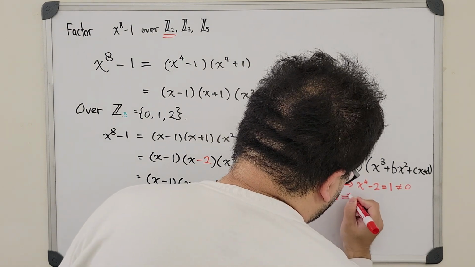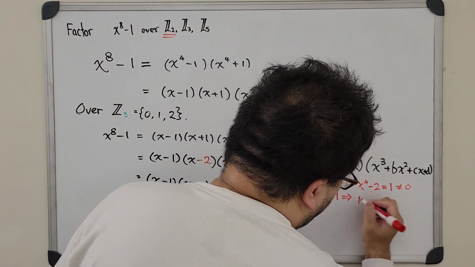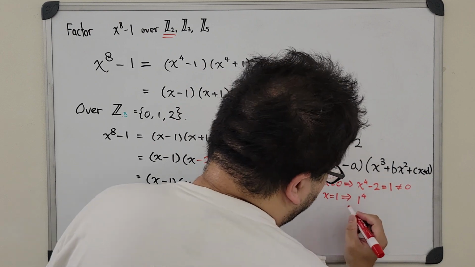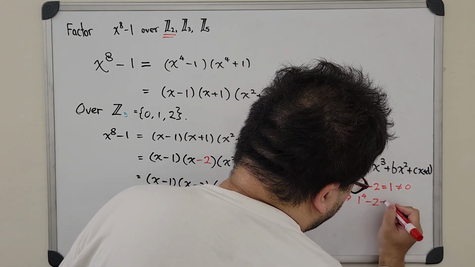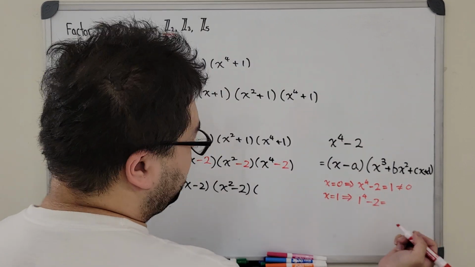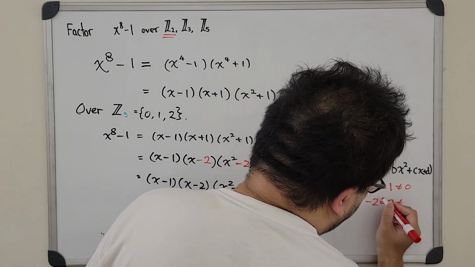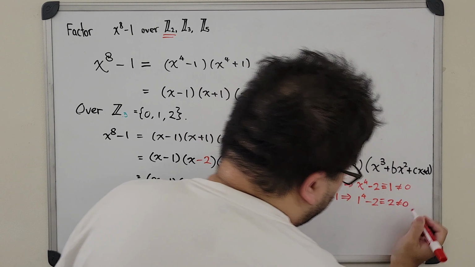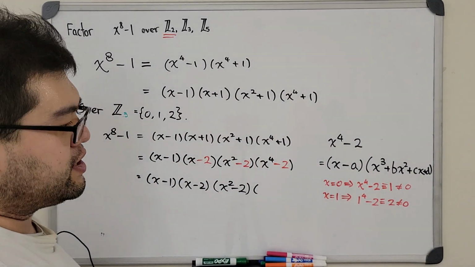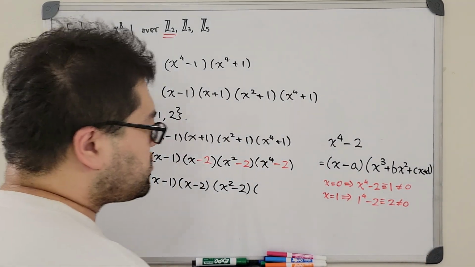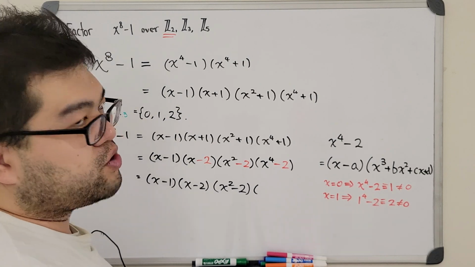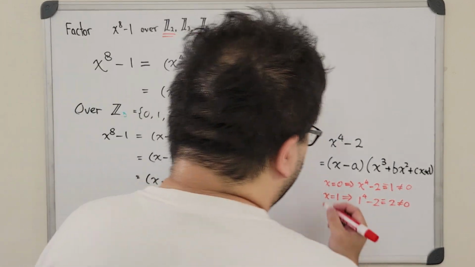Similarly, if we substitute x equals 1, we get 1 to the 4th power minus 2, which is equal to negative 1, or in other words is equivalent to positive 2, but again, it's not equal to 0. So x minus 1 is also not a factor.